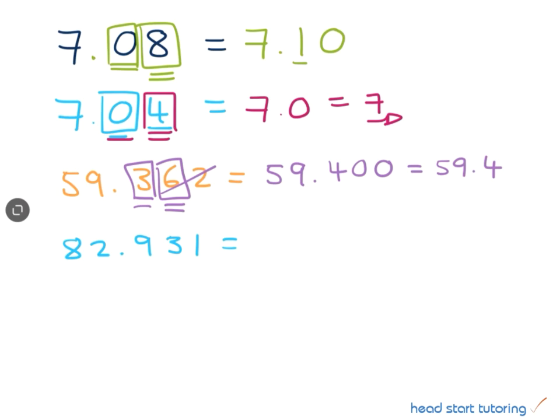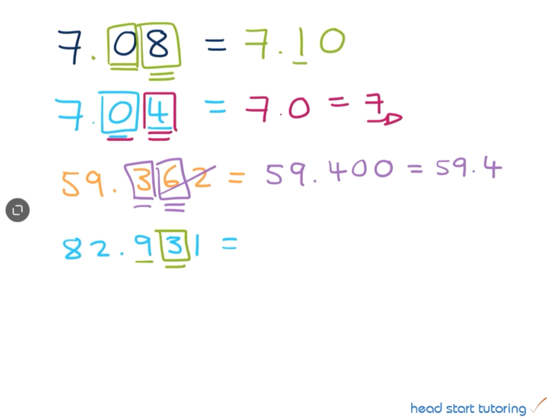Right, let's have a look at this number 82.931. If I would like to round this number off to the nearest tenth again, I have a look at the value to the right of my tenth, which is my 3. I've got 3 hundredths there. So because this 3 is less than 5, that tells us that the number 82.931 is closer to 82.9 than it is to 83.0.